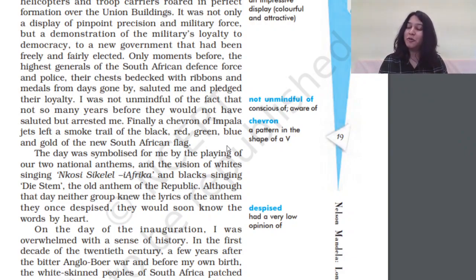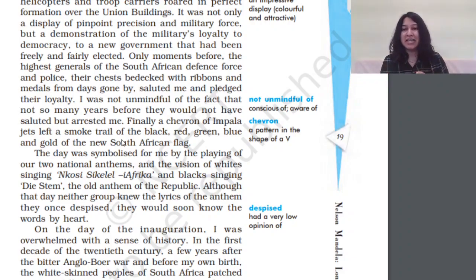So when we talk about whites singing Nkosi Sikelel' iAfrika, they did not know the lyrics because that was the song of the resistors, the people who were black, coloured, or Indian. They were the ones who sang this song, which signified resistance. And the blacks were singing Die Stem. This was a song that they despised because it signified the government that was upholding the apartheid laws.